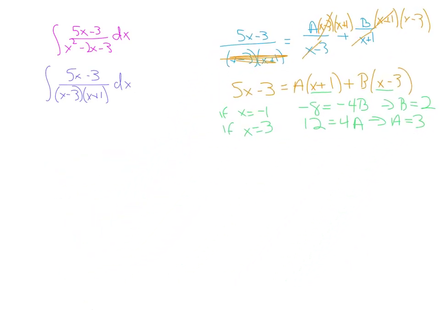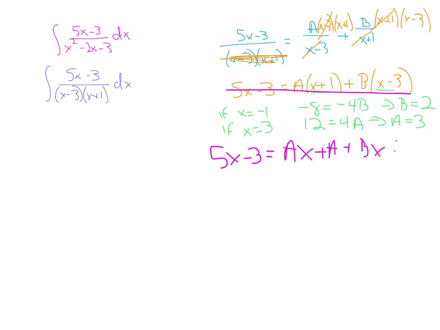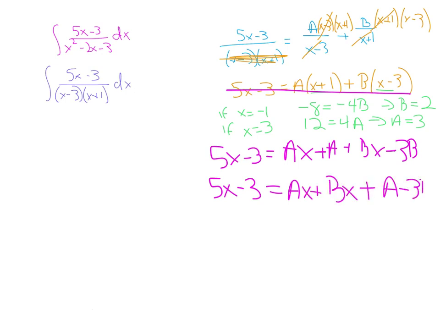Now, a second way of doing that same idea is, if I go back to that orange line that I just crossed out, let's collect like terms. This will give me Ax plus A plus Bx minus 3B. So 5x minus 3, you have Ax plus Bx plus A minus 3B.